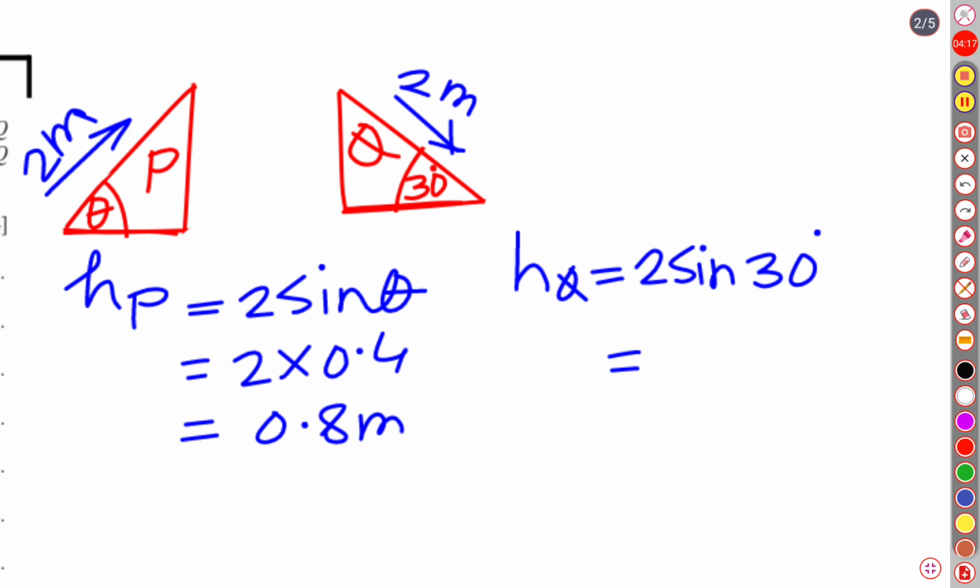So if we multiply 2 by half, it is 1. 2 into 0.5, that means 1 meter. So the final height of particle P was 0.8 meter upward, and for Q the height was 1 meter down, less than the initial height.